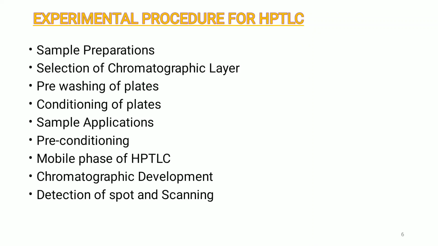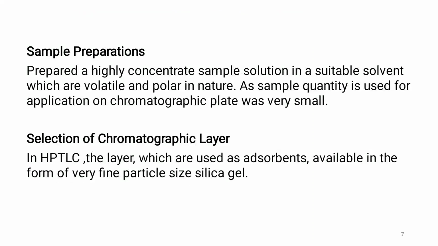The components of HPTLC are as follows: sample preparation, selection of chromatographic layer, pre-washing of plates, conditioning of plates, sample application, preconditioning, mobile phase of HPTLC, chromatographic development, detection of spot and scanning. Let's start one by one with the details of each component.